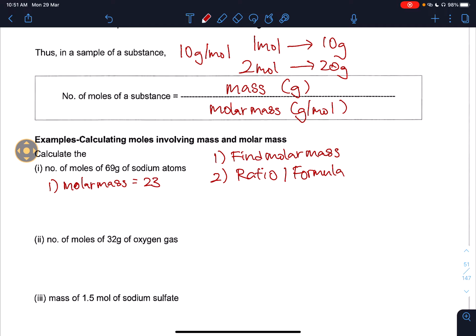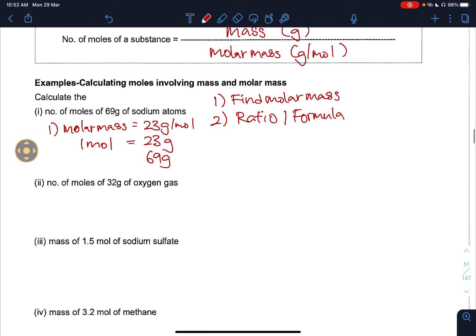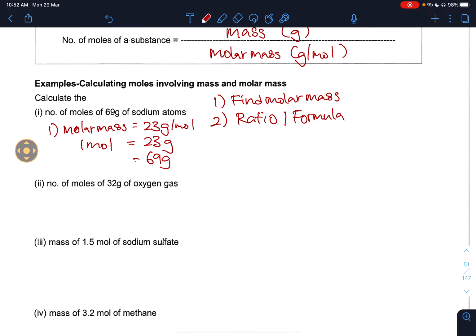If the molar mass is 23 grams per mole, that means 1 mole is equivalent to 23 grams of sodium. Every element has a different molar mass. Now if I have 69 grams, how many moles would that be? As we did previously, we can do a simple ratio calculation. 69 divided by 23, and that would be 3 moles.